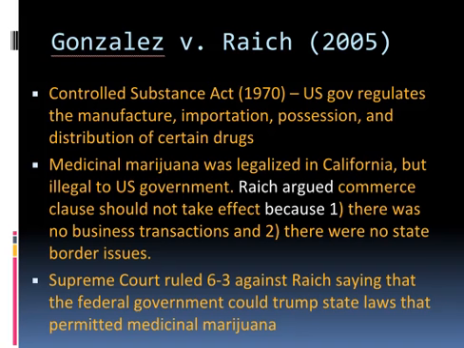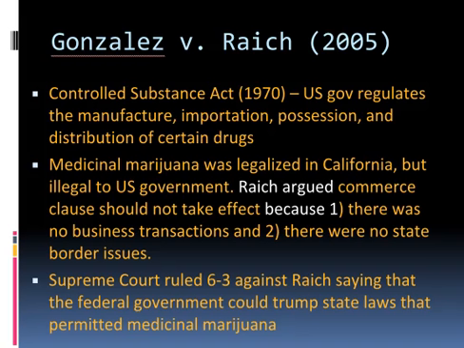Some people started growing their own marijuana, not for distribution, but for medicinal purposes as well, and Raich was one of them. She is sued in the midst of the federal government starting to crack down on California's medical marijuana law, and she makes the argument that Congress has no ability to regulate her growing and consumption of marijuana for two reasons.